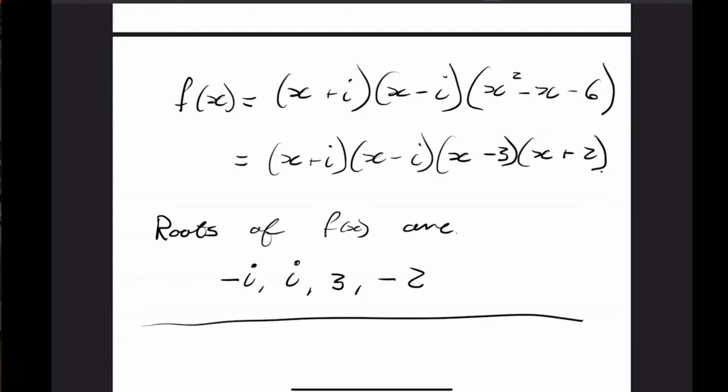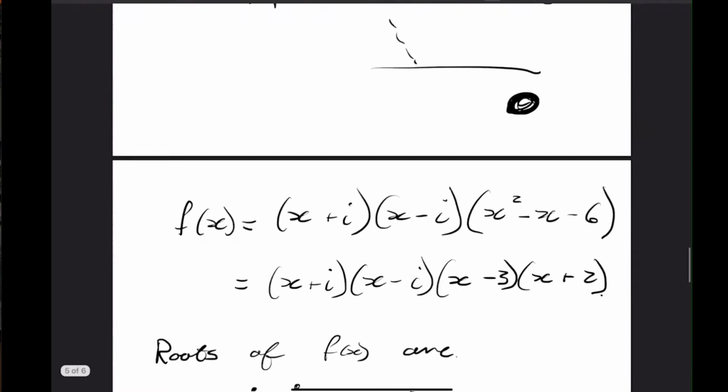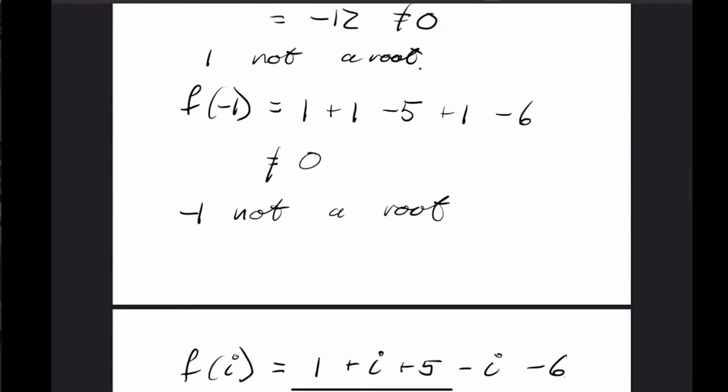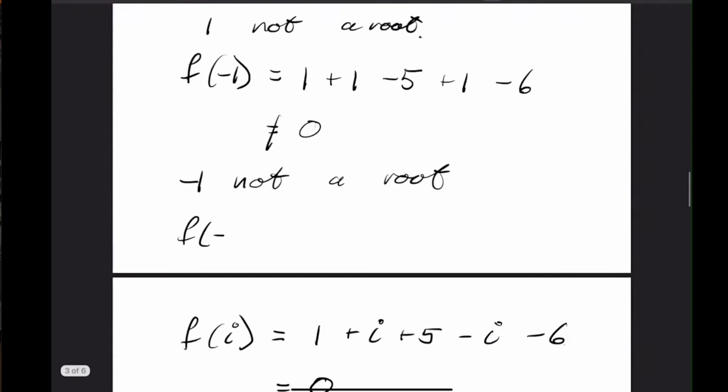So if we find a real root, then we can't apply that theorem to find an extra root. So it only works if our root has an imaginary part. And, importantly, our polynomial has real coefficients. So in that case, if we have a real root, then what we would do is just divide by the linear factor. For example, what we could have done in this example was see that f of minus 2 is 0.